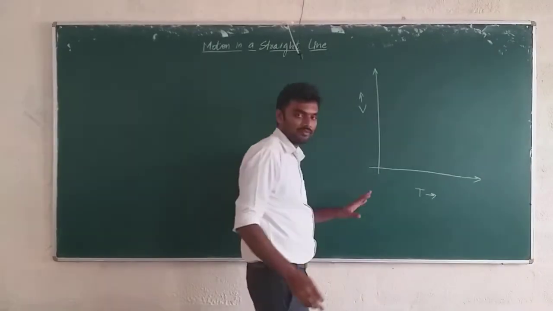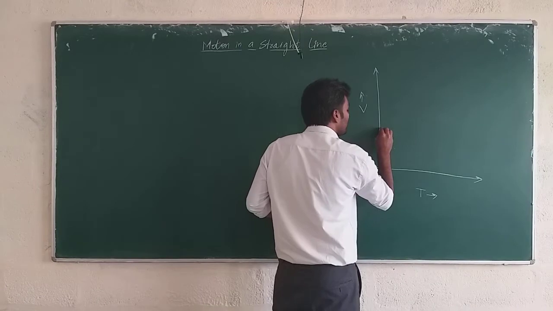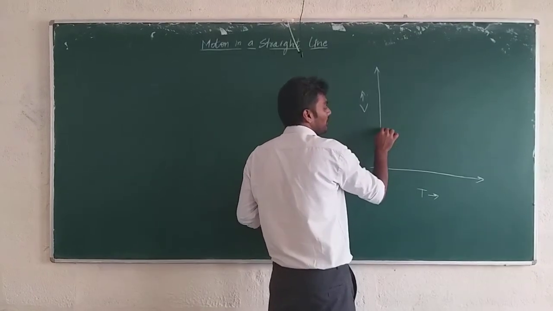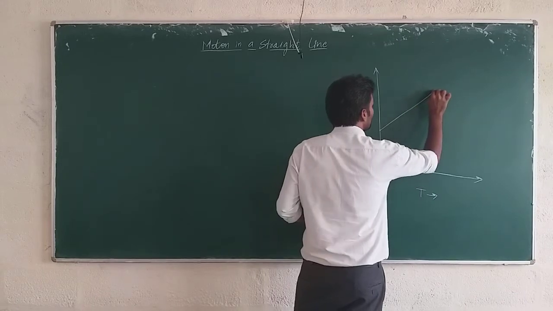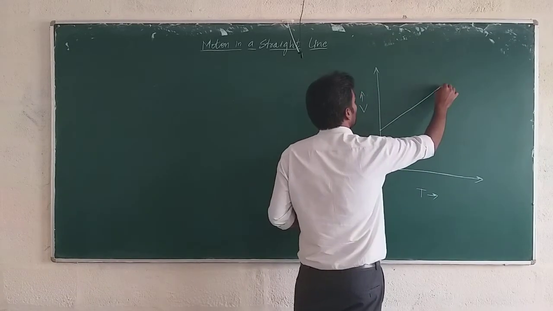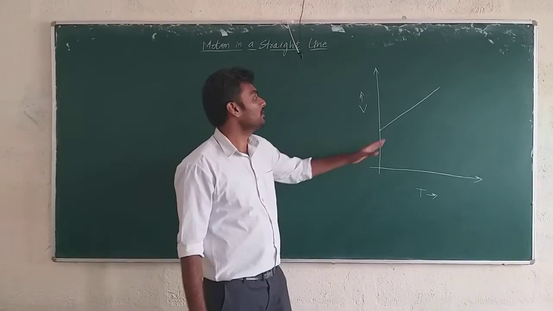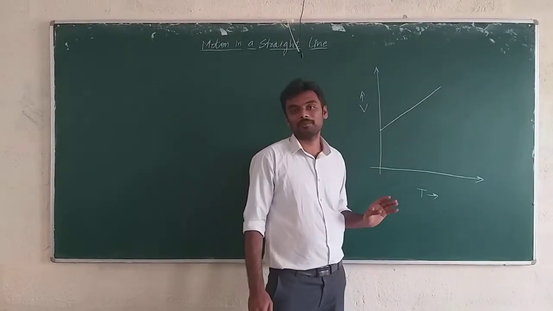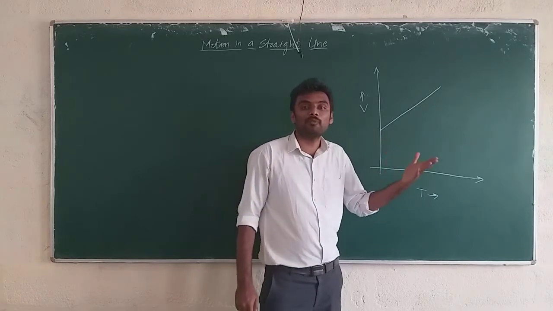It's a VT graph. In this graph the body starts with a certain initial velocity and the velocity increases with time. Finally, by the end of the motion, the body will have a new velocity, and this is a uniformly accelerated motion.